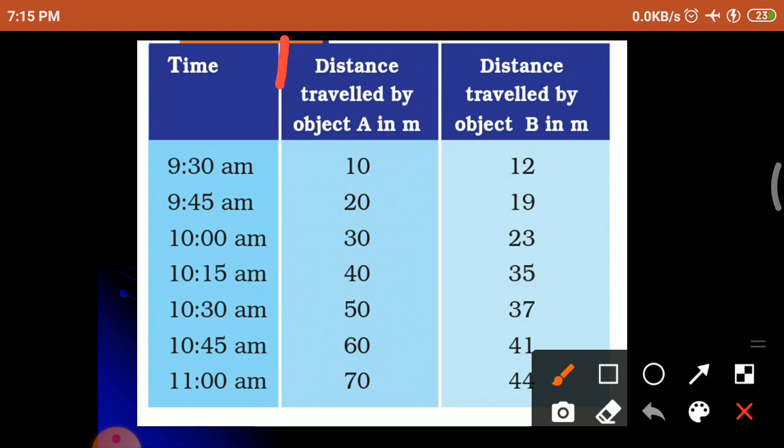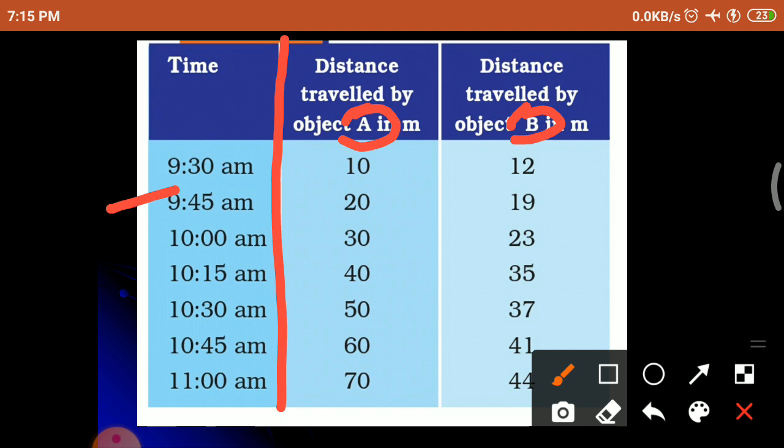See here, this is the time, and this is object A and this is object B. See the time interval 9:30 to 9:45, the time interval is 15 minutes. The same as 9:45 to 10 o'clock, the time interval is 15 minutes. 10 to 10:15, the time interval is 15 minutes. So the time interval is the same. And for object A, the distance traveled at 9:30 a.m. is 10, at 9:45 a.m. is 20, at 10 o'clock is 30.